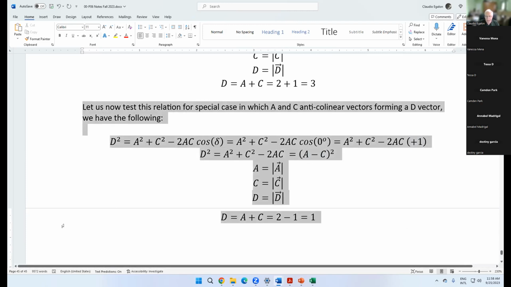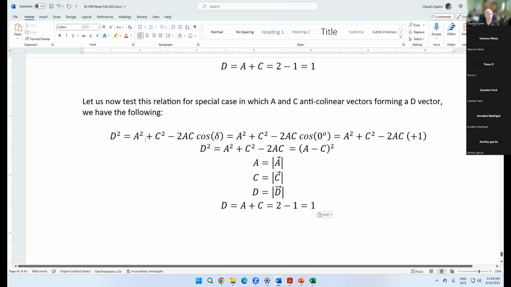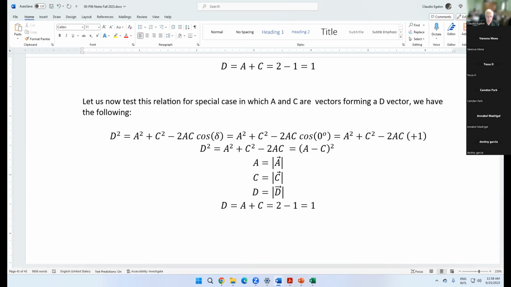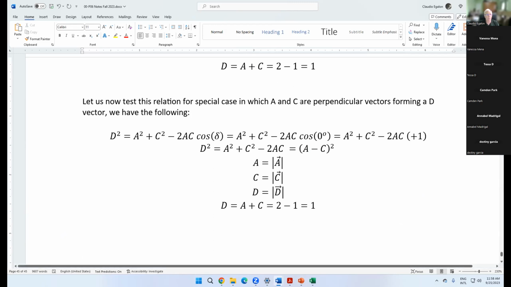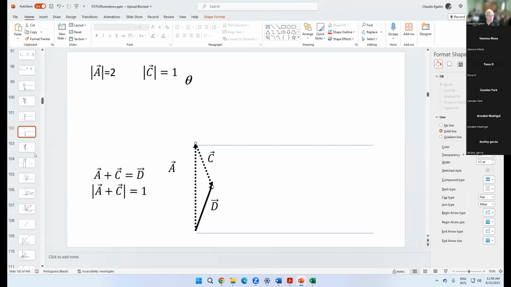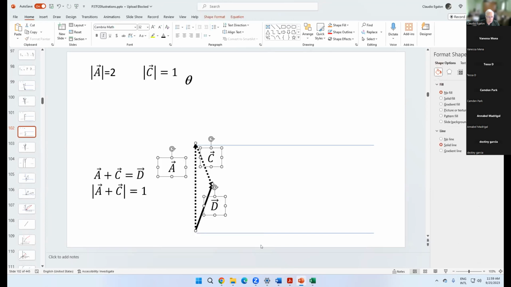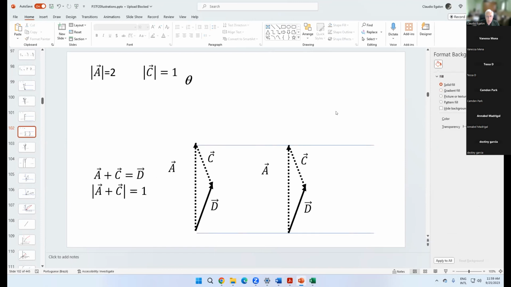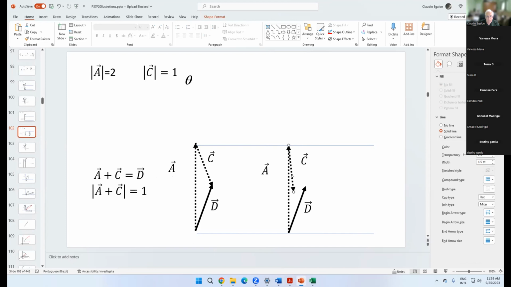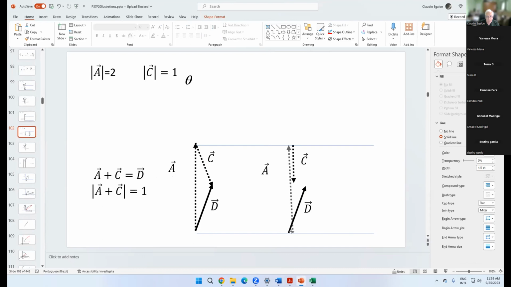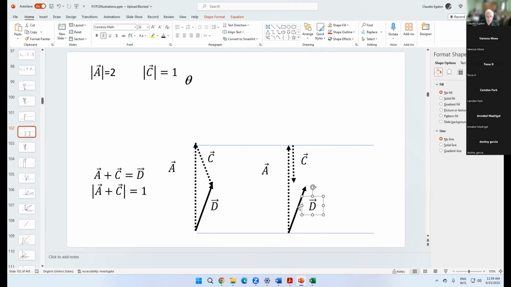Finally, 11:58, we can do that for 90 degrees now, right? Let us test this relation for the case in which A and C are perpendicular vectors. What I'm going to do here is copy that and make it collinear.